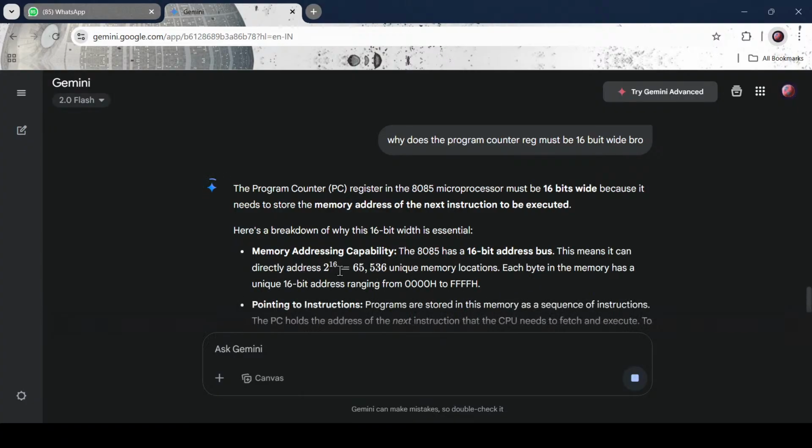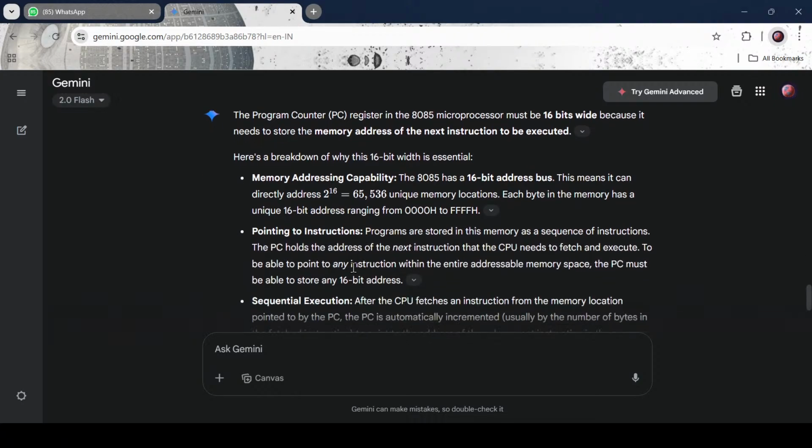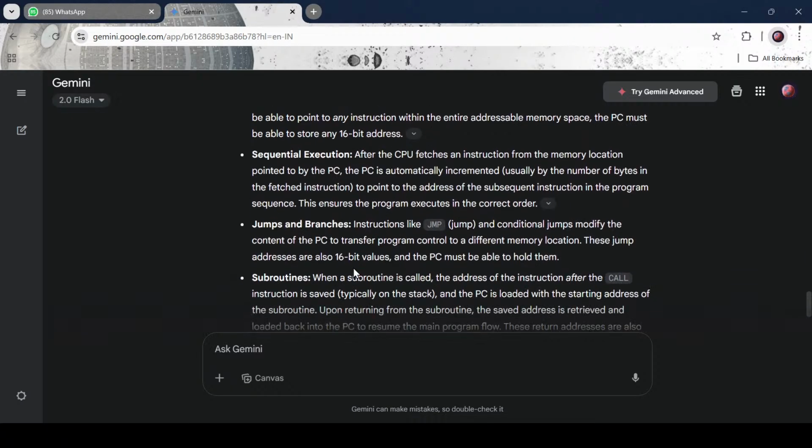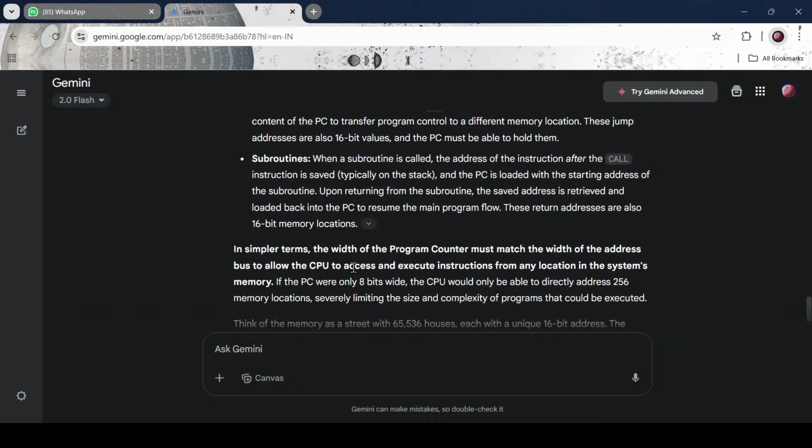It can directly address 2 to the power of 16 unique memory locations. Each byte in the memory has a unique 16-bit address. Okay, got it. Didn't get it.